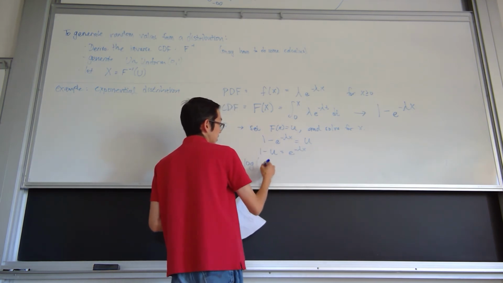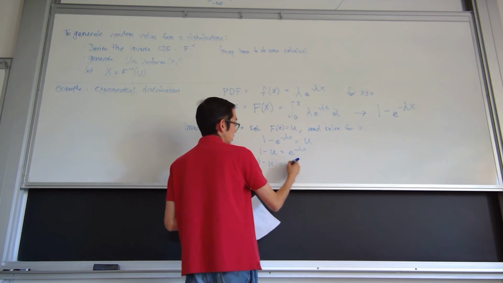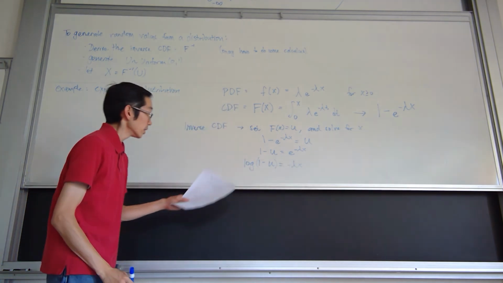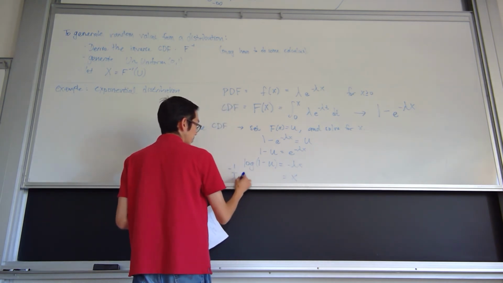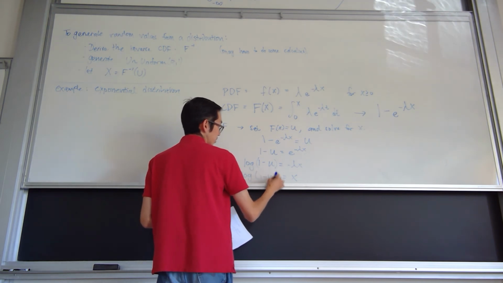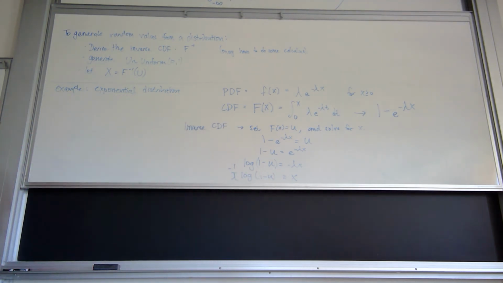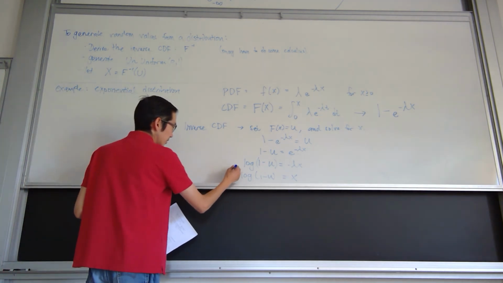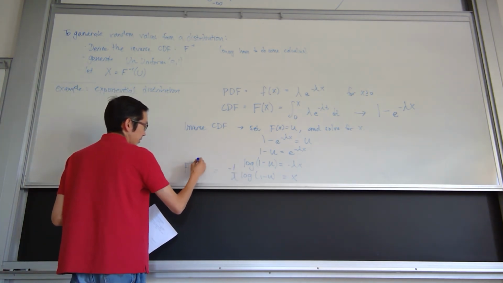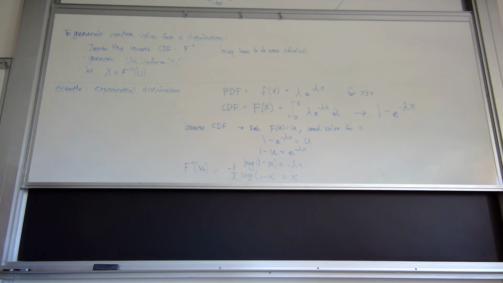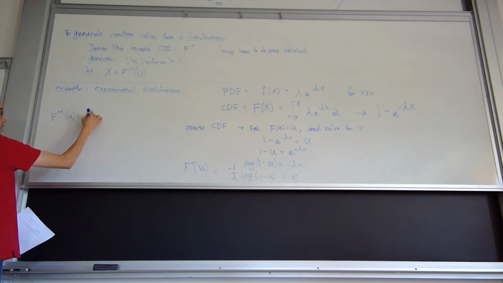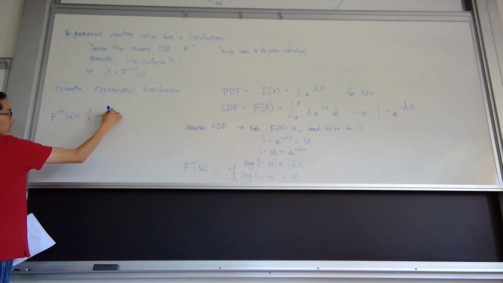I get natural log of 1 minus u is equal to negative lambda x. And so I get x is equal to negative 1 over lambda log of 1 minus u. So this here, this is my inverse function of u. Okay, so I've got the inverse CDF is equal to negative 1 over lambda log 1 minus u.